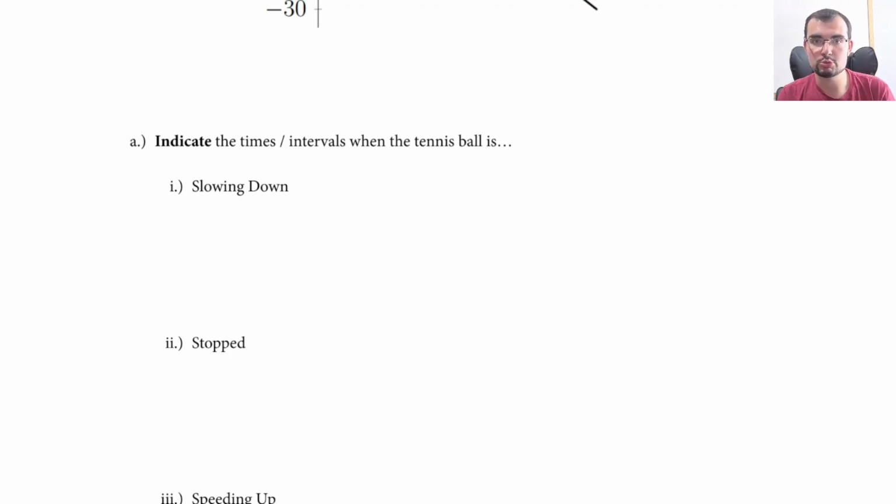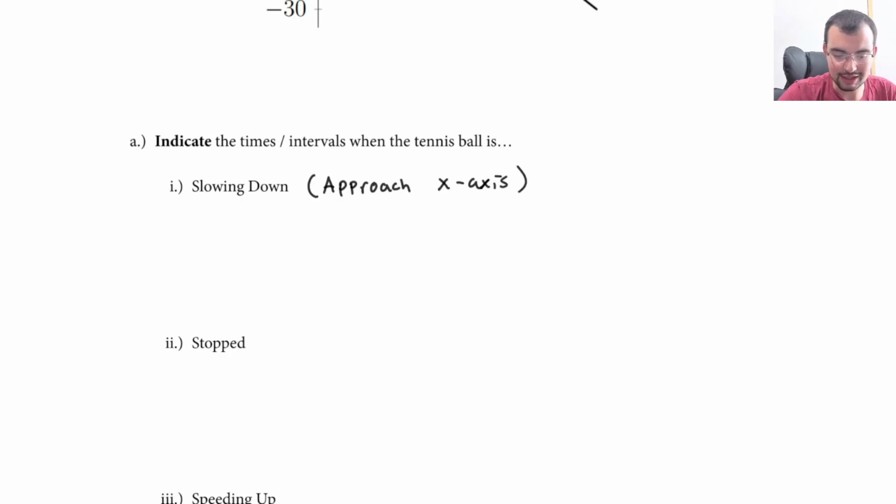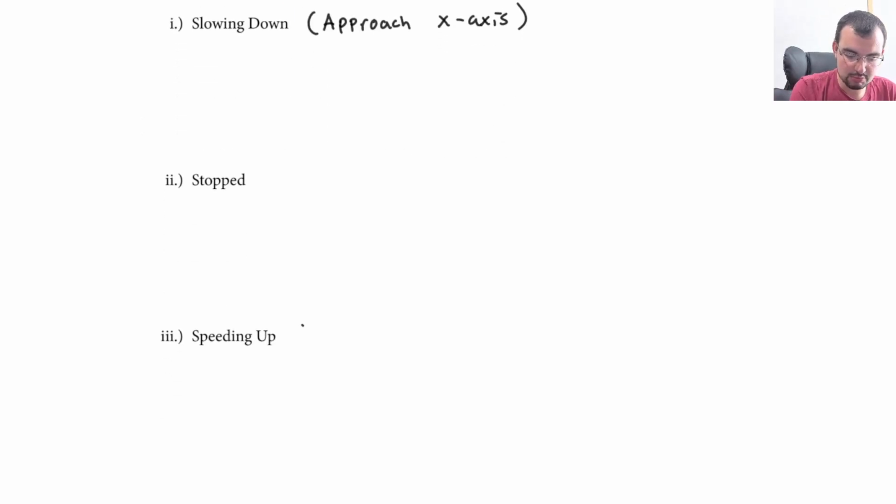So there are some shortcuts here for what slowing down means versus speeding up from a velocity graph. Slowing down means that you approach the x-axis, technically the t-axis. And speeding up means you move away from the x-axis.